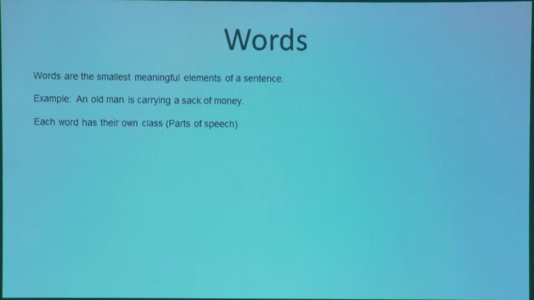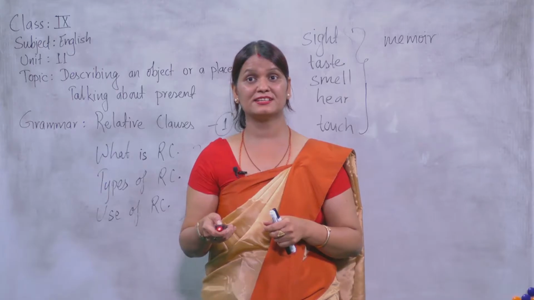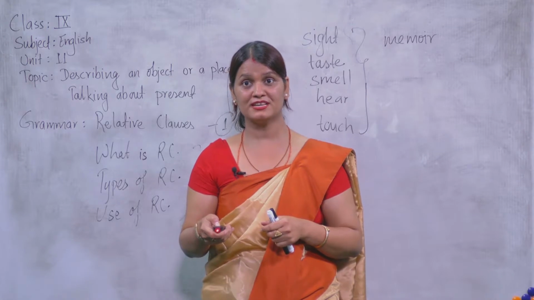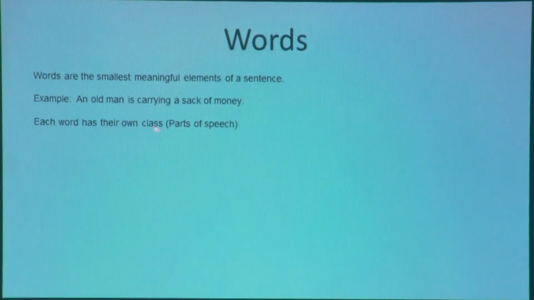So using different parts of speech, we can make a sentence. A sentence is a group of words, right? So varieties of parts of speech we can find in a sentence.